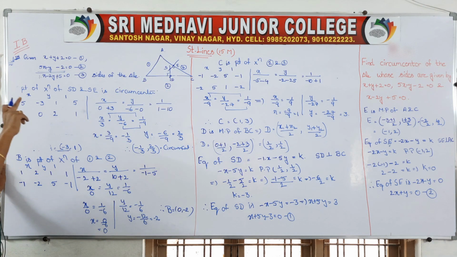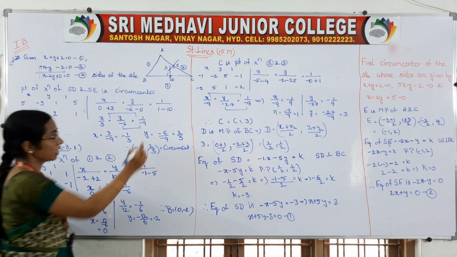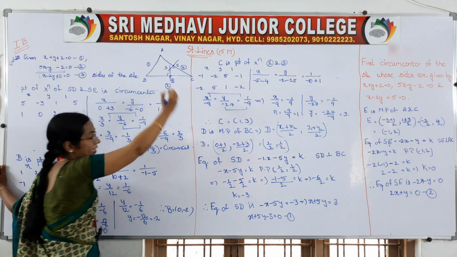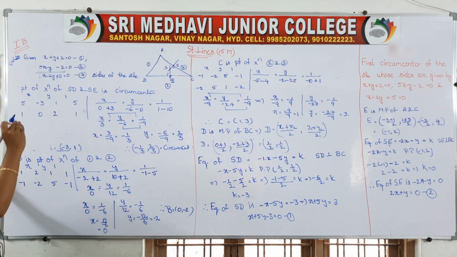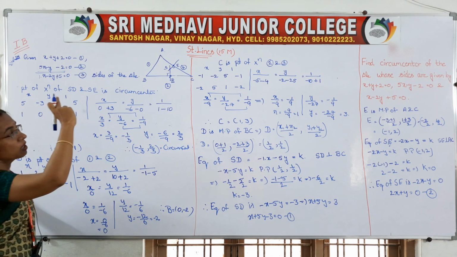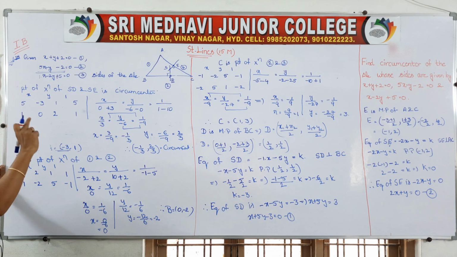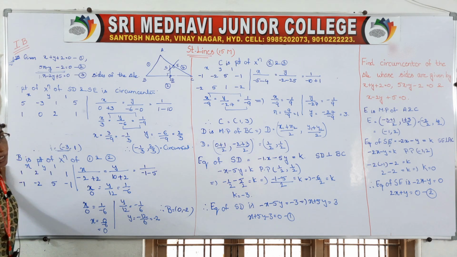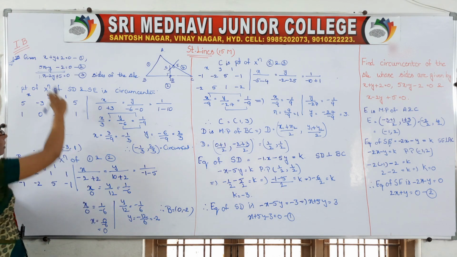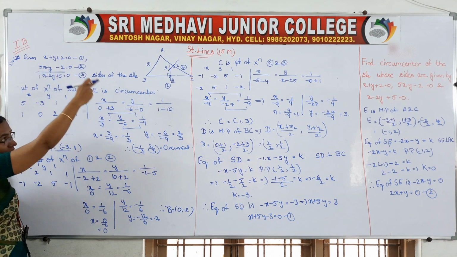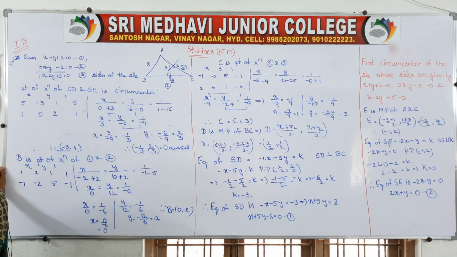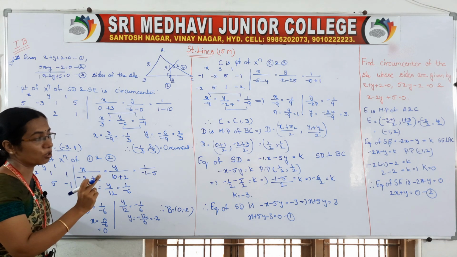After getting the three vertices, try to get the midpoint D. Once we have the midpoint D, write the equation SD. SD is perpendicular to BC. So just by seeing the BC line equation, we can write the SD equation. That formula you should know.